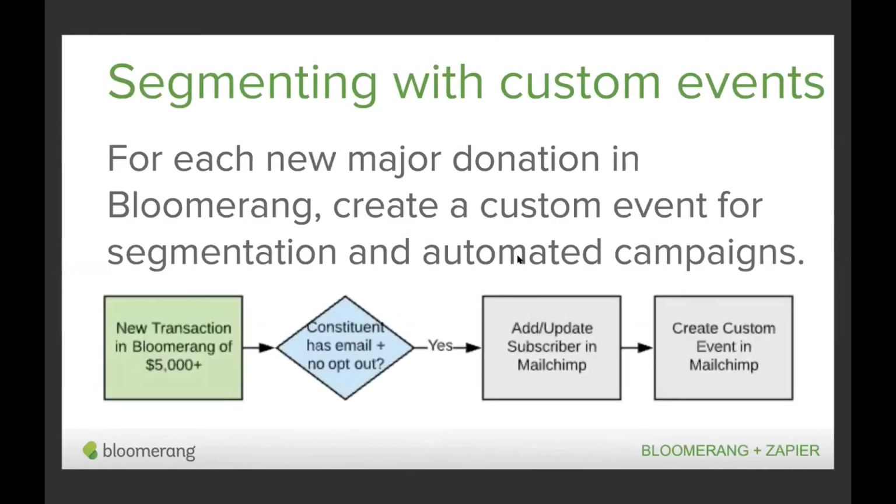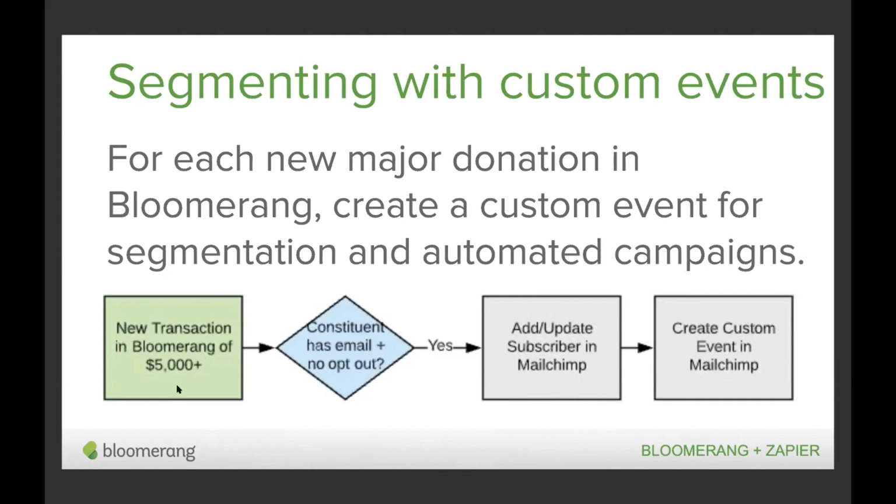The workflow we're going to showcase will create a custom event on the subscriber in Mailchimp when a major donation is received. And this event is going to trigger an automated email to the subscriber, recognizing the major gift and illustrating the impact of this donation to the organization. So you can see here that we're going to set up our trigger to only fire when a transaction is received that's greater than $5,000.